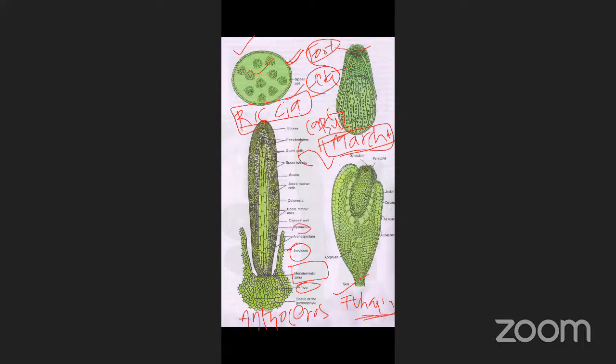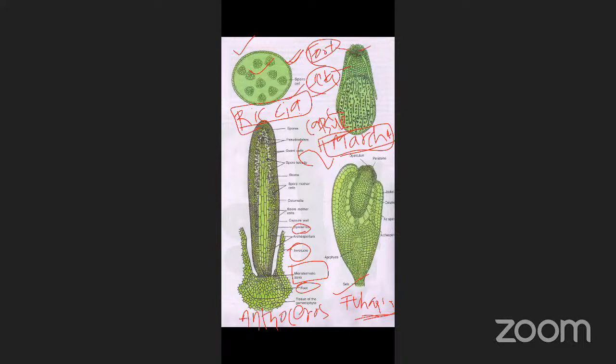But after the epidermis, what is the next layer, already discussed yesterday? After the epidermis, what is the next portion of Anthoceros? Chlorogenous tissue, or chlorophyllous tissue. The chlorophyllous tissue is also sterile cells.